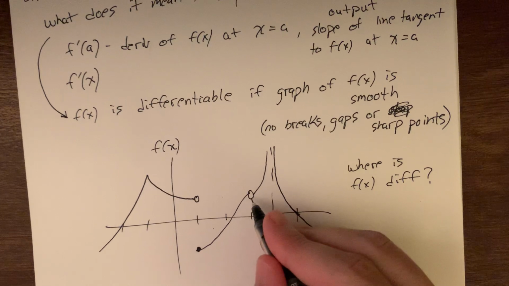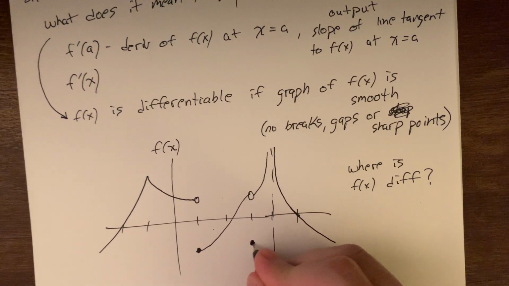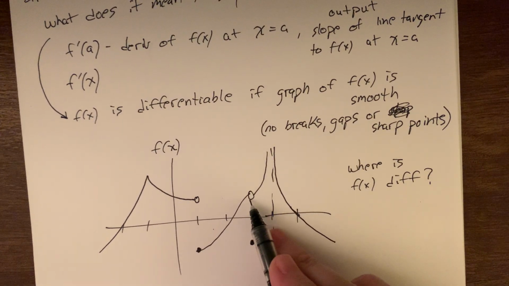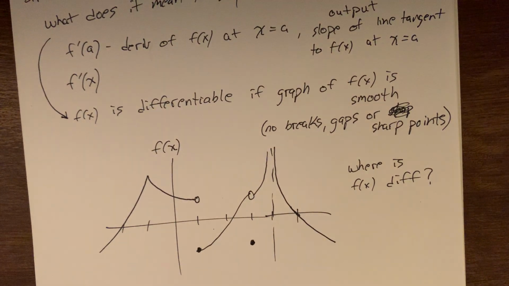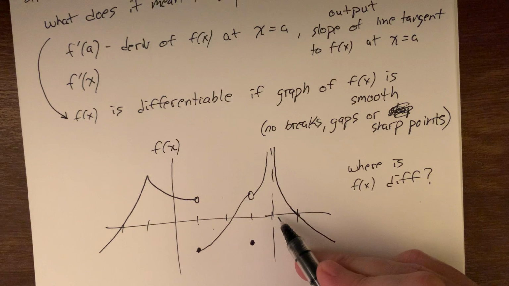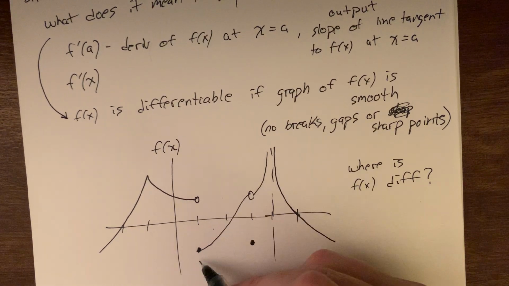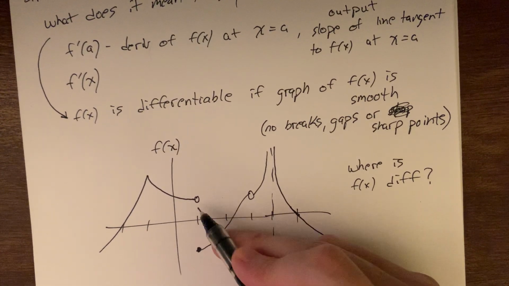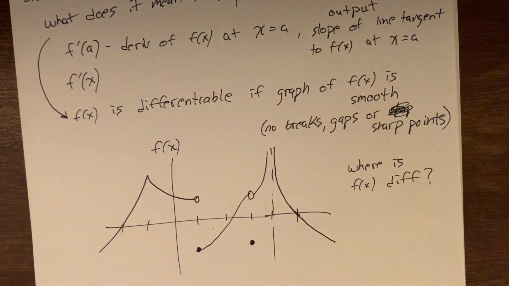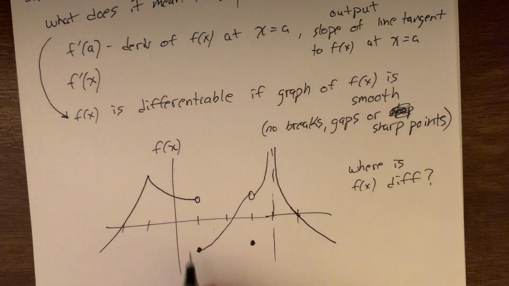So this open hole, and even if this had a filled-in point elsewhere, but this open hole, how can you draw a tangent line to the curve if there is no point there? And same thing here. Over here, this goofy spot, how are you supposed to draw a tangent line? Again, we need the idea of what's happening on both sides of the line when the graph doesn't come together.